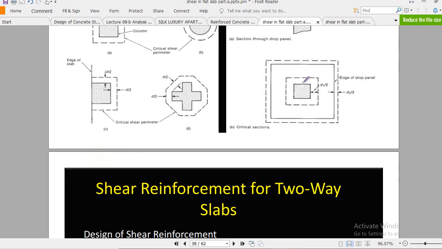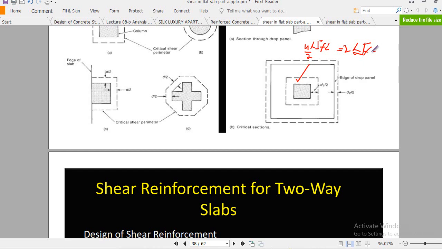Let me explain it. In punching shear, as you already saw, at this inner critical section the punching shear strength of the concrete is 4 lambda root fc prime, beta naught into d. But the ACI code says that at the interior critical section you have to drop this value by 50% and use 2 lambda root fc prime.